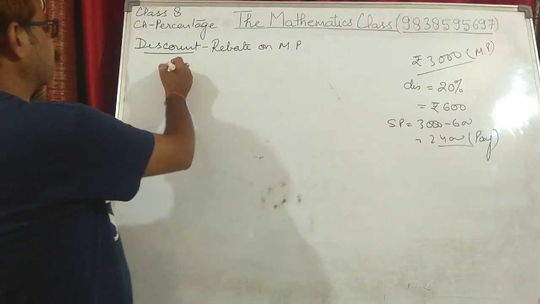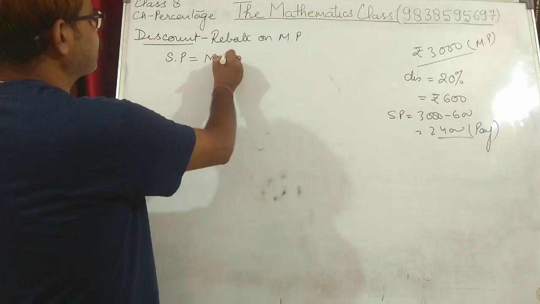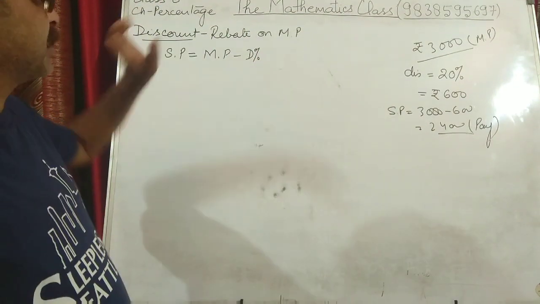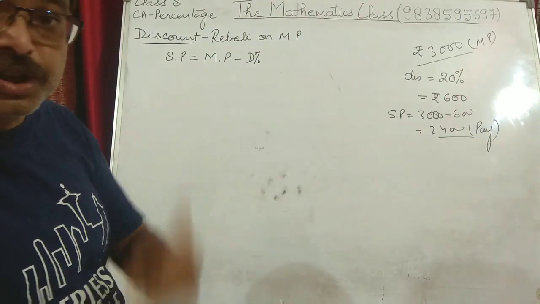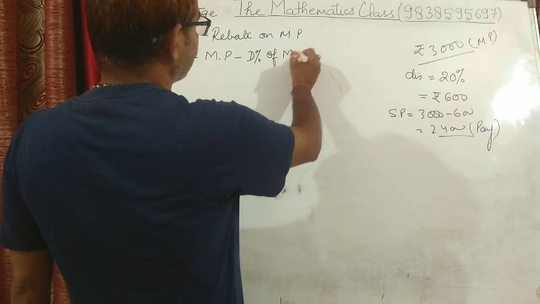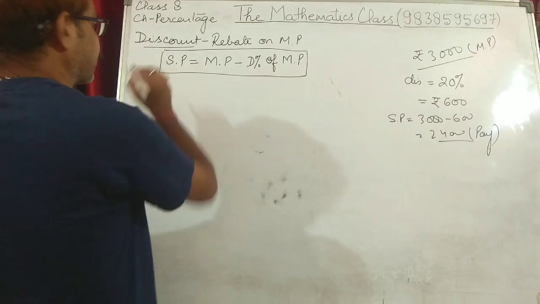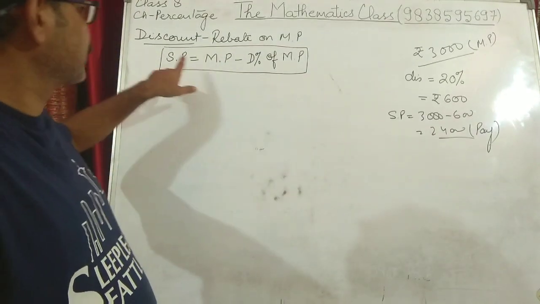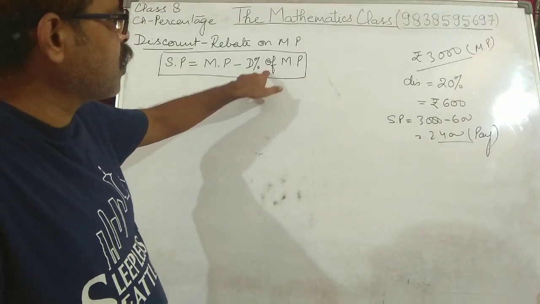So we get a formula: selling price is always equal to mark price minus discount percent of mark price. Discount is generally in percent. In some books it is written as 'of MP', in some it is not, but it should be understood that discount is always calculated on mark price.